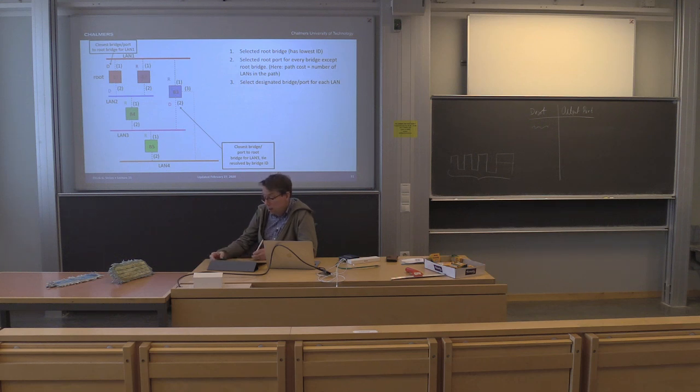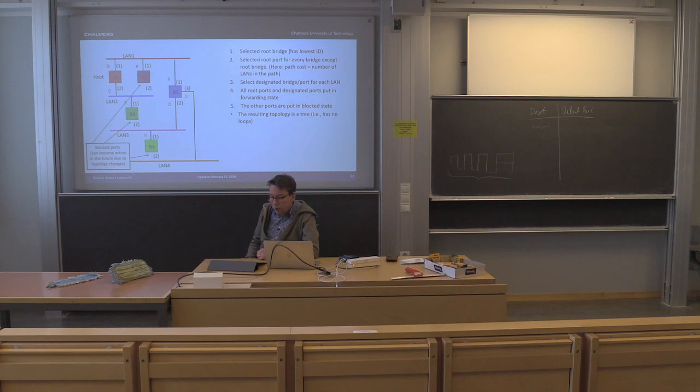And then we continue for LAN 4. It turns out that this is the designated port, and B3 is also the designated bridge for LAN 4. Okay, so now we're done.